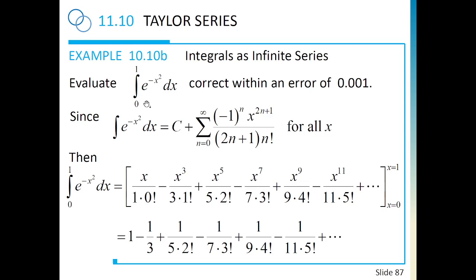So if we need to evaluate the integral between 0 and 1 of this function, we are going to simply evaluate the integral of the power series. The constant will not change anything when we evaluate at the two bounds. So the constant will disappear anyway. And we observe here that at x equals 0, all of these terms will be 0.